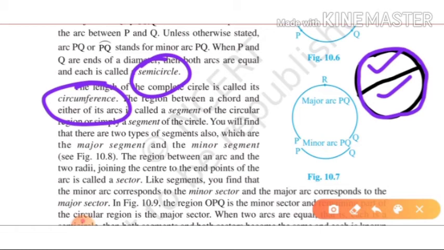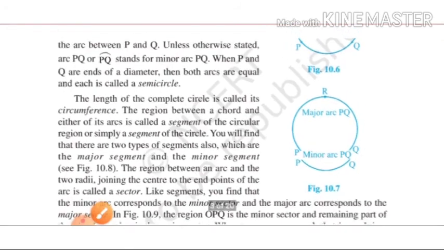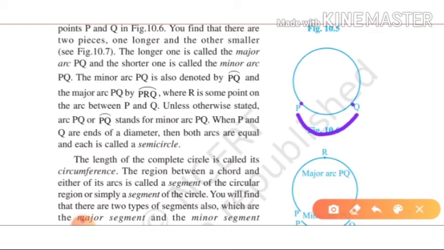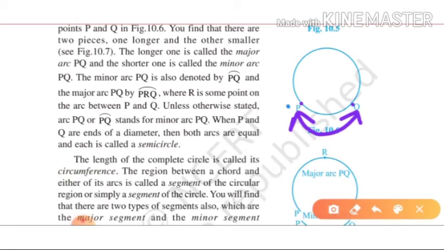Now about the major arc and the minor arc. If you look here, this PQ point forms a part of the circle. So these two parts, from here to here one part, and from here to here the other part, form two arcs of the circle.